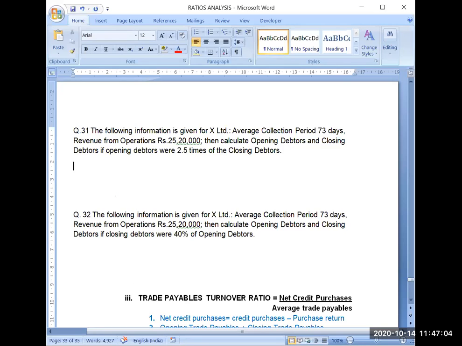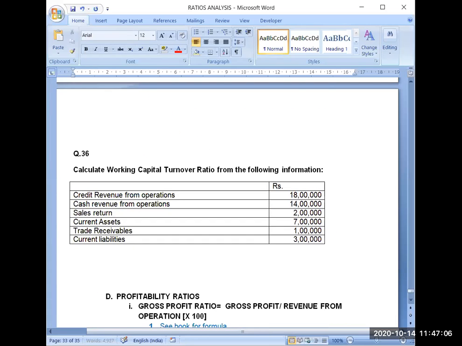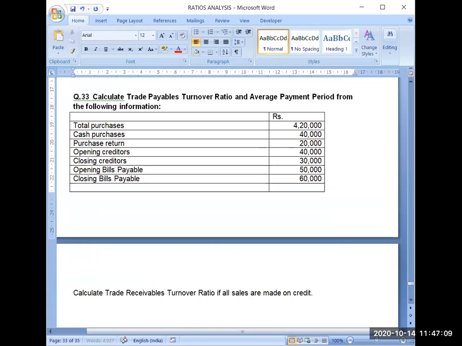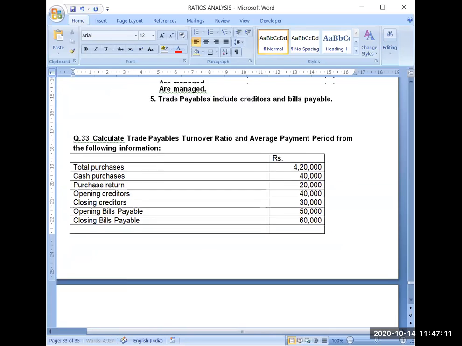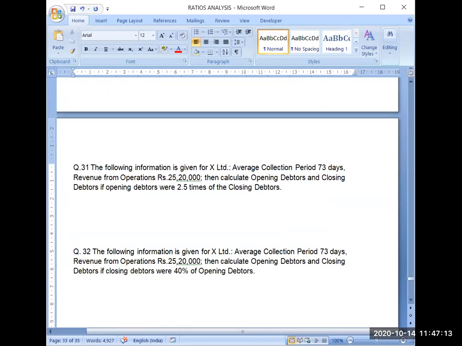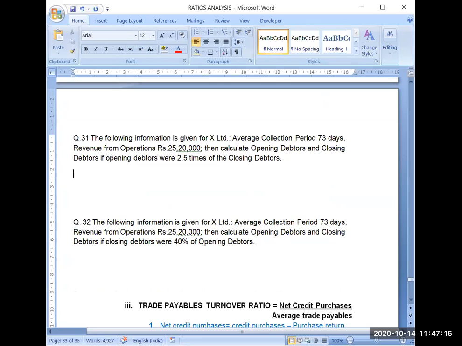So this type of question is given now. We will use the formula of average collection period first. And this formula has 3 variants. That's why we will be using it according to the answer given. Now the answer is given in days. You can observe it.